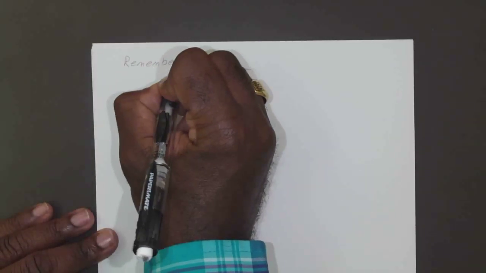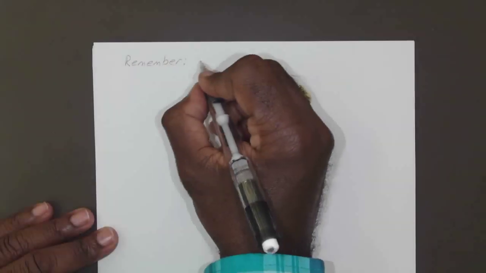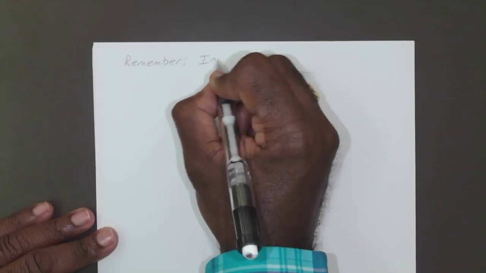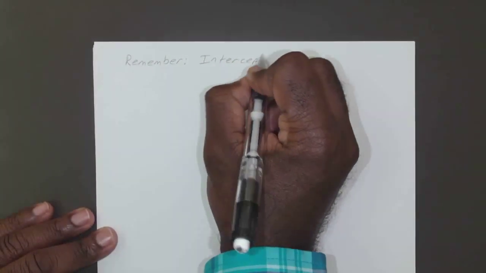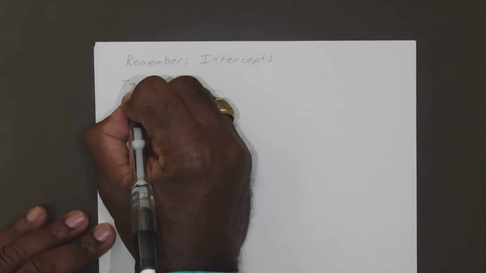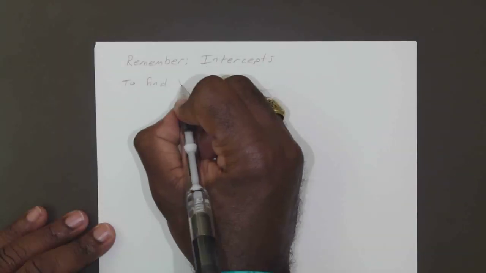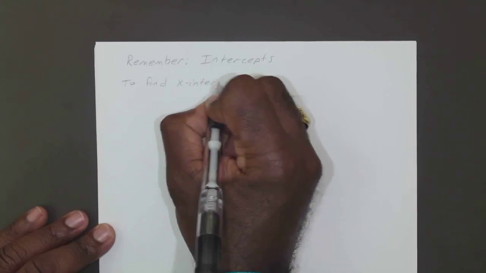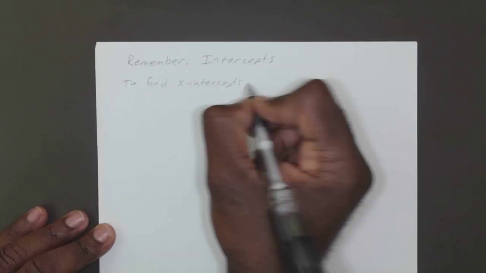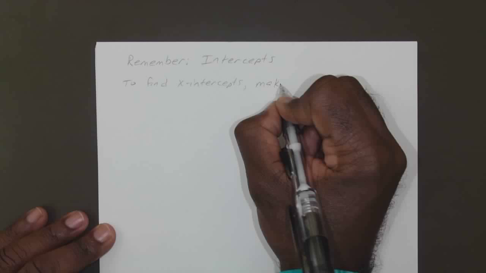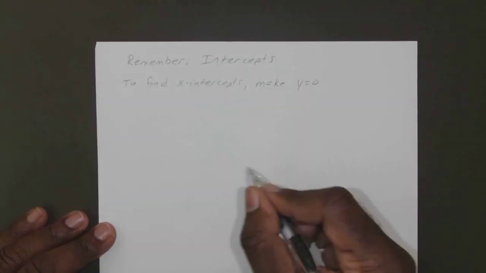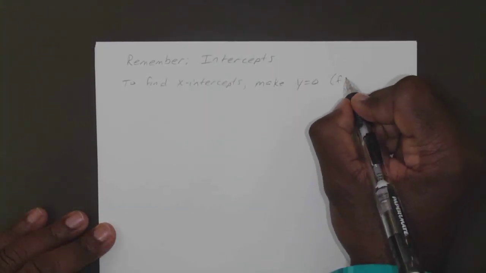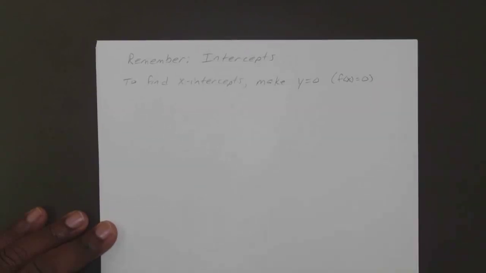Okay, just a quick reminder of your intercepts. If you want to find your x-intercept, you make your y equal 0, which is the same as saying f of x equals 0.